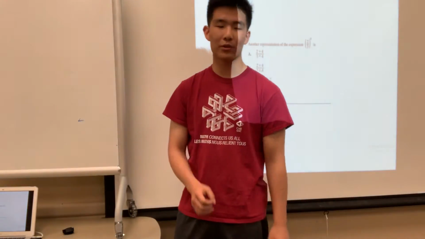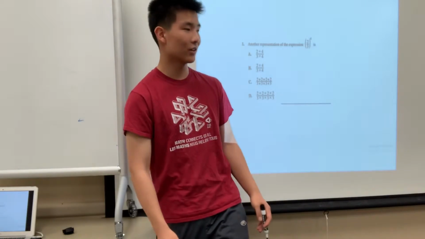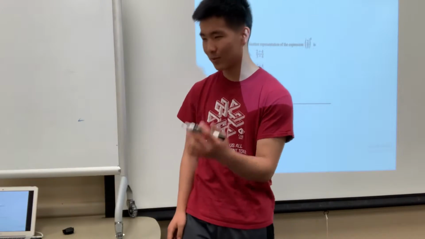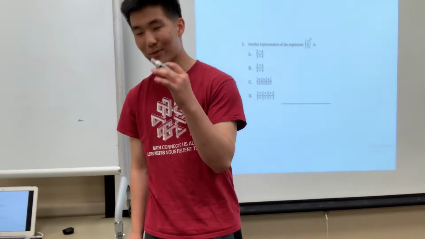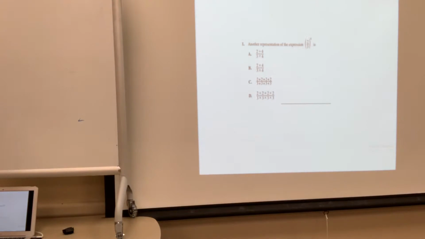So what we know is exponents is just repeated multiplication, right? So when it says 2 over 3 to the power of 4, it means 2 over 3 times itself 4 times. So what we get looks something like 2 over 3 to the power of 4 is equal to 2 over 3 times 2 over 3 times 2 over 3 times 2 over 3.